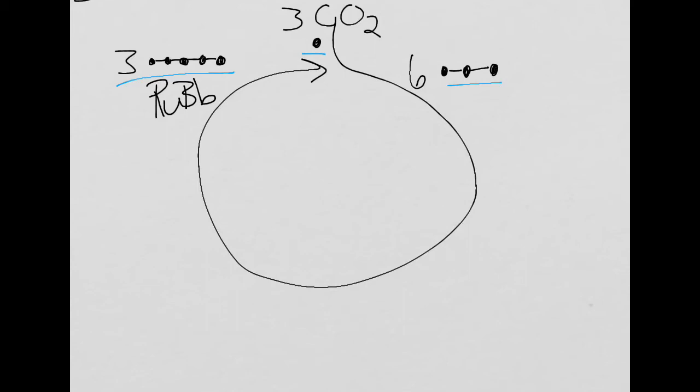Throughout the process, we use the ATP created in part 1, the light reactions. We made ATP there, it comes here and is used up. We're adding energy here and basically storing it in the carbon molecules.